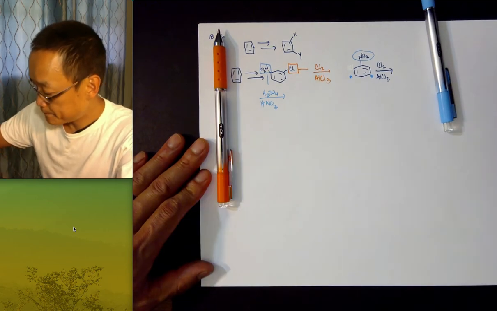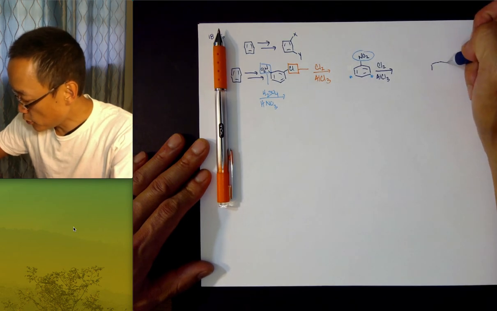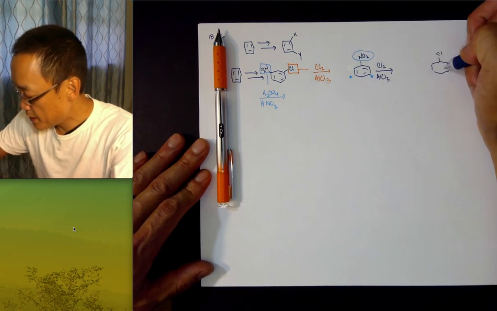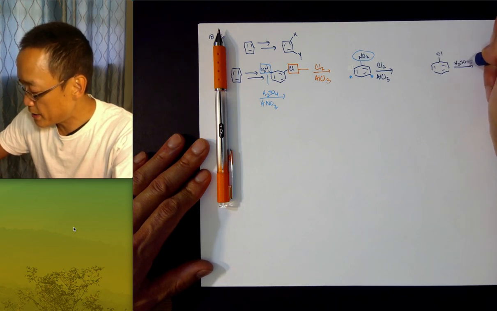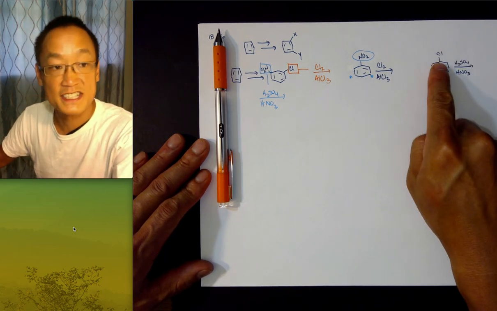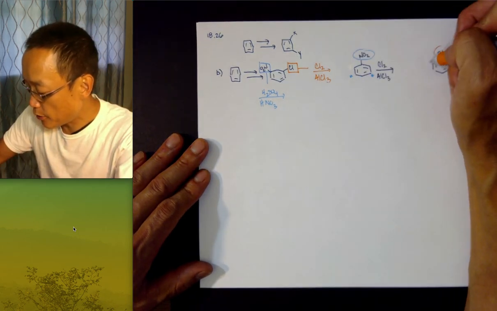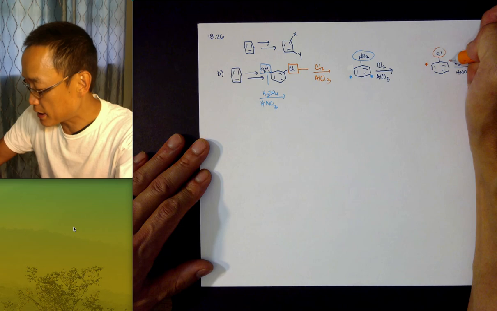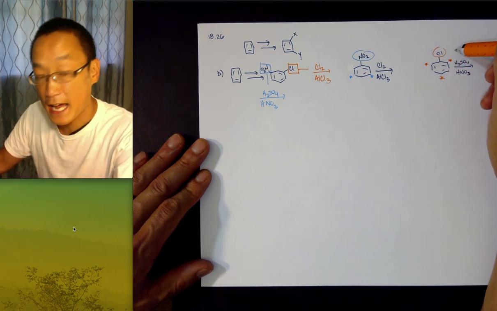If I were to add the chlorine first to the benzene, and then ask where the nitro group would add to that mono-substituted benzene ring, this chlorine is deactivating, but don't forget it's still weakly ortho-para directing, even though it's weakly deactivating.